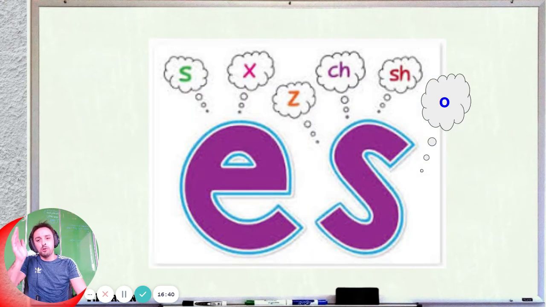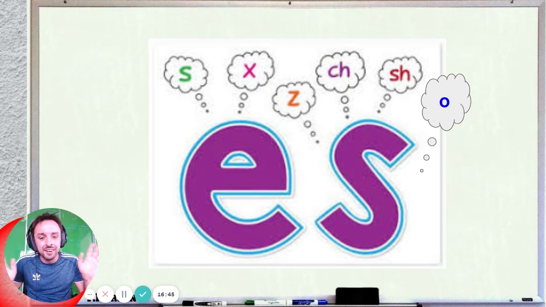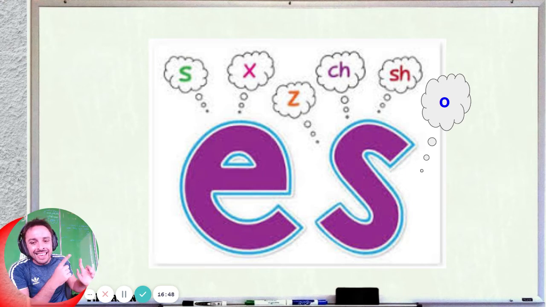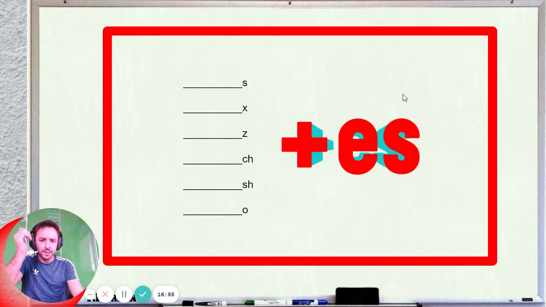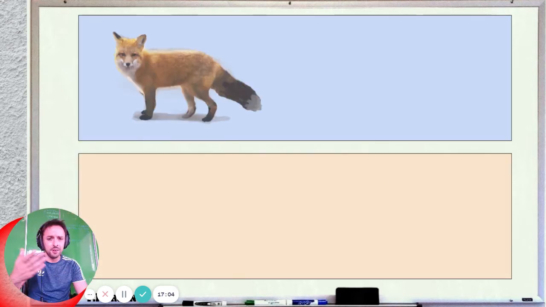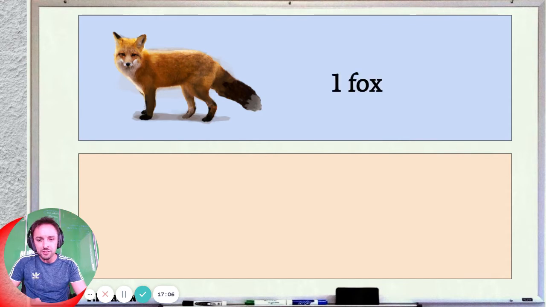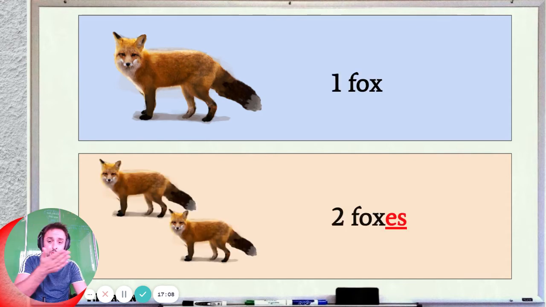Okay, now, oh, this is important. Sometimes you don't add S. Sometimes you add ES. Remember, if the word ends with S, X, Z, CH, SH, or O, then you add ES, not S. Like, remember this? 1 fox, and then it was 2 foxes with an ES.